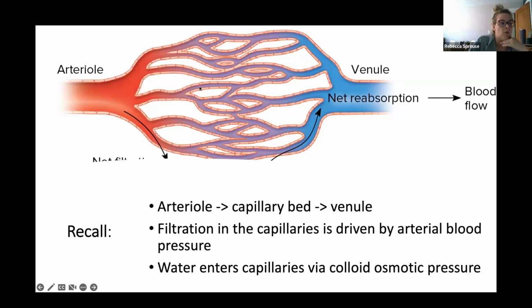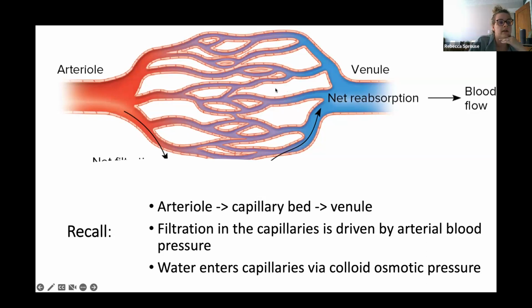Remember that water is in these vessels, and it will leave into the tissue via osmosis because the water concentration is much higher in the blood than it is out here in the tissue. Also remember that protein is too large to cross this wall, so protein is going to hang out in the capillaries.